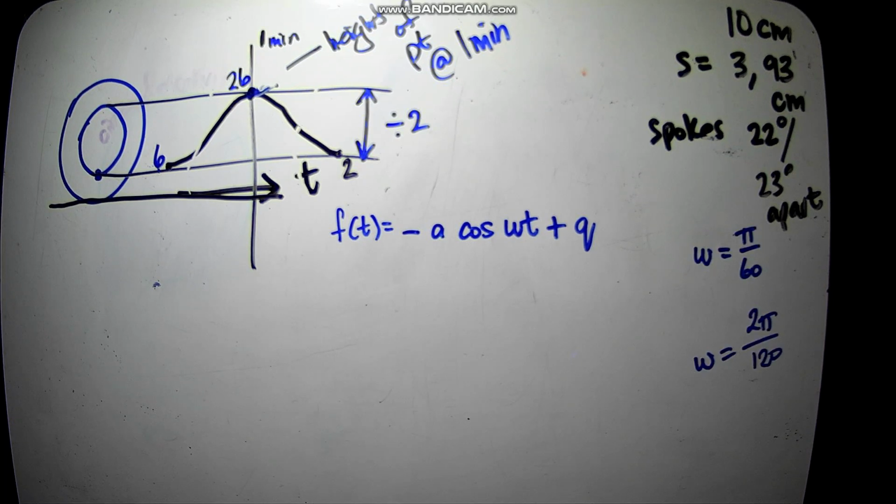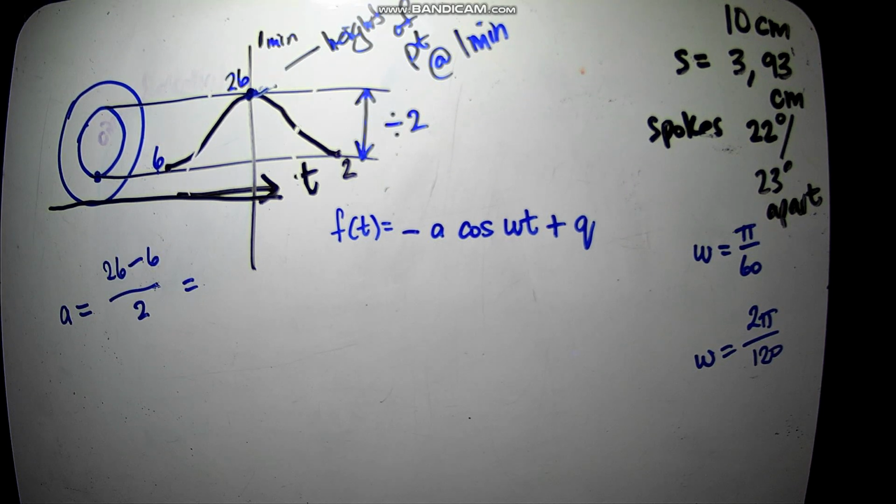Our angular velocity was a full rotation, which is 2π divided by 120 seconds, so that's equivalent to π over 60. Now a is the amplitude. To find the amplitude, we take our two extreme points, subtract them, and divide by 2. 20 divided by 2 is 10. To find the shift, it'll be 26 plus 6 divided by 2, and so now we have 16.